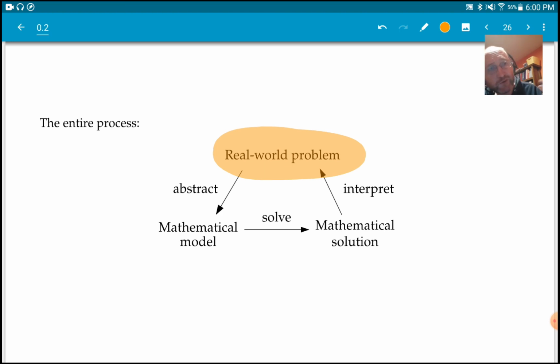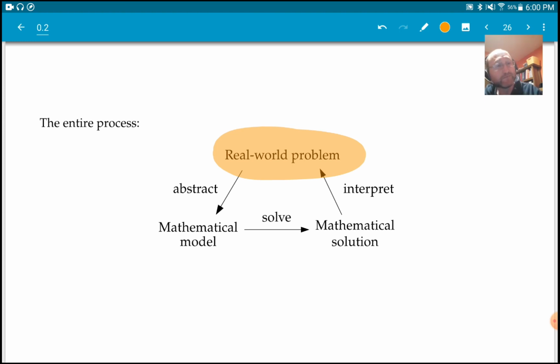So from the real world problem, you need to figure out what sort of physical laws, or how do you describe the problem mathematically, right? So you give names to variables.